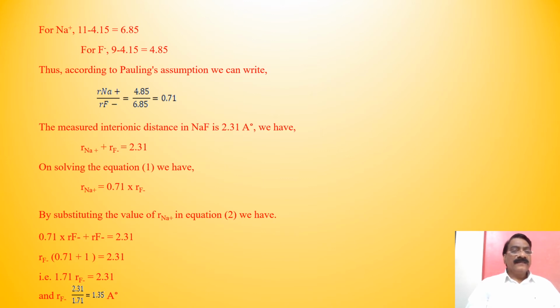By solving this, we have the common RF- in bracket, 0.71 plus 1, is equal to 2.31. That is 1.71 RF- is equal to 2.31. Thus, RF- is equal to 2.31 upon 1.71 is equal to 1.35 angstrom unit.